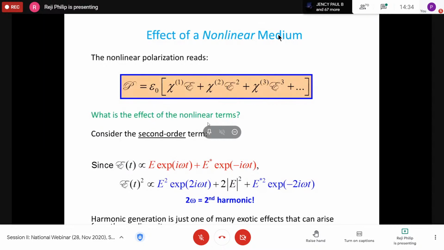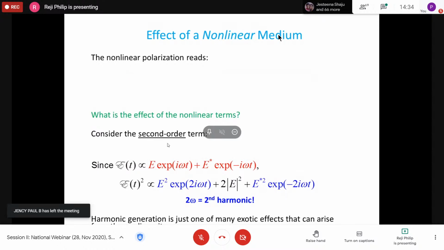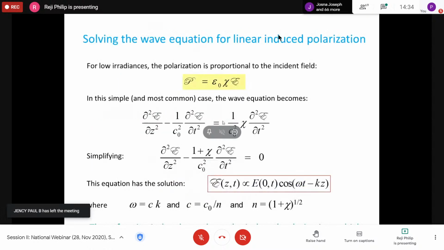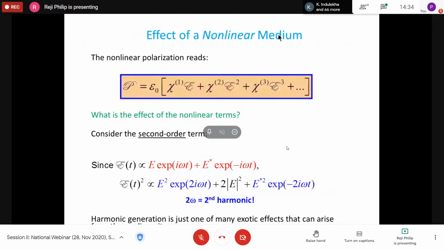So what's the effect of the nonlinear terms? You have to put this P into the wave equation, and when you substitute for P, your equation is going to change. Take the second order term, E square. To calculate it, let me see what E(t) is.